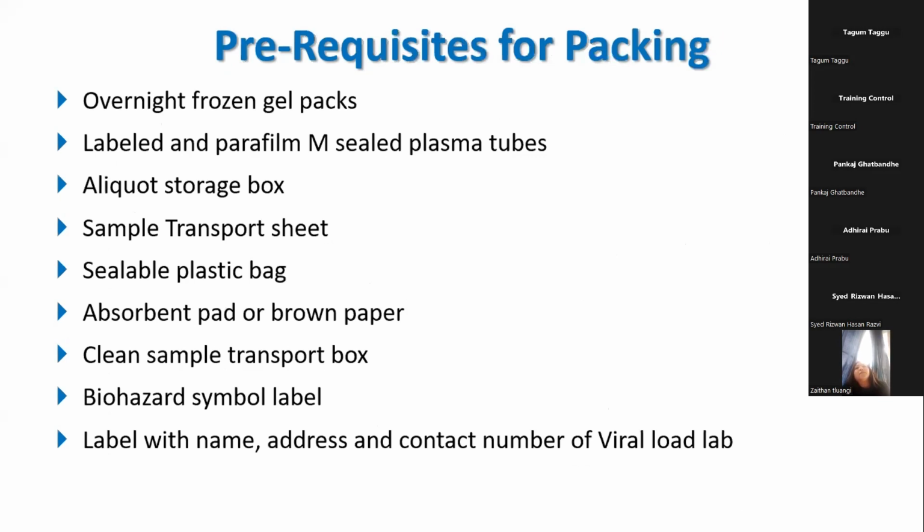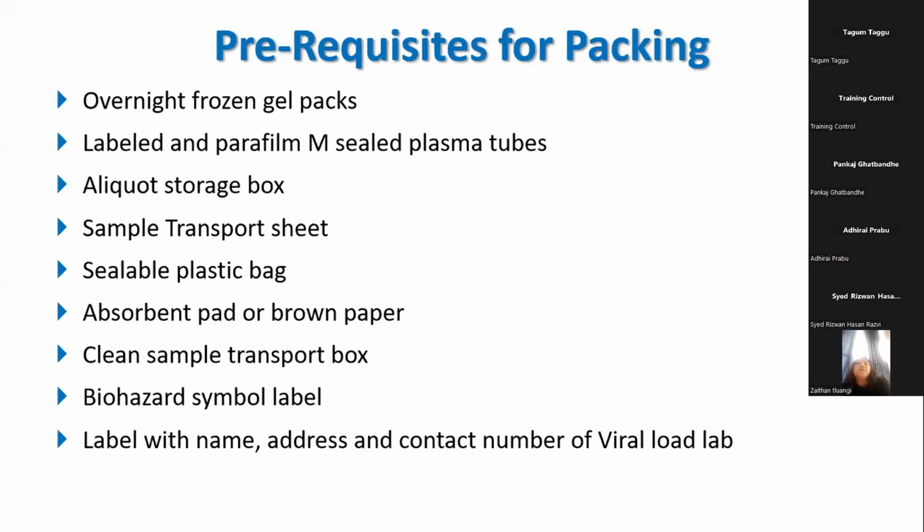What are the prerequisites for packaging? If the transport agency is not bringing their own vaccine carrier or their own 2 to 8 degrees box, the ART center is supposed to ensure that the box is ready before the transportation agency comes for the pickup. So what we need is overnight frozen gel packs.